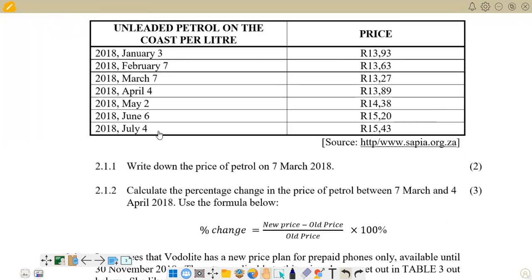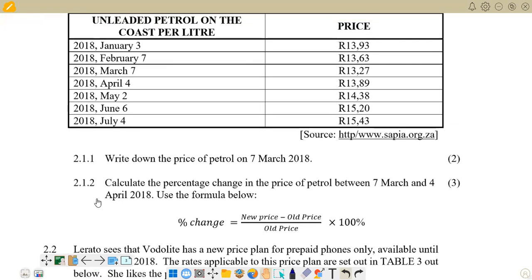On the question part, the first part, which is 2.1.1, reads: write down the price of petrol on 7 March 2018. Basically, this is the date that we are supposed to refer to. So we go to our table and look at the date of 7 March 2018 and the price that we have there.